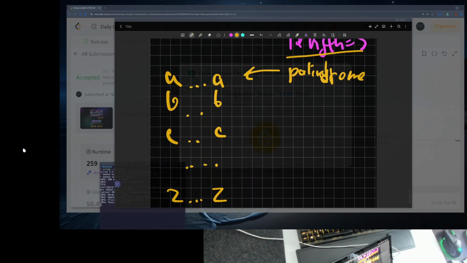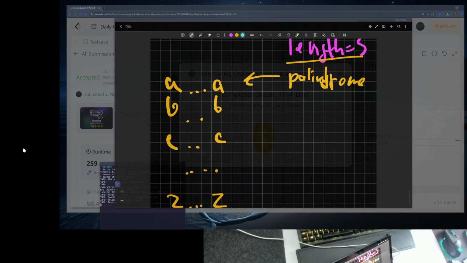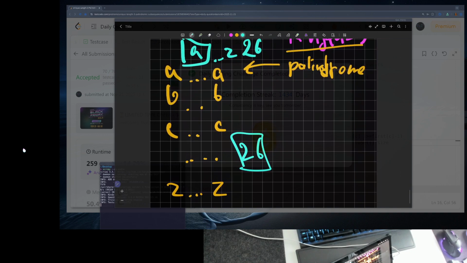And in the middle of the 26 possible endings, there are 26 possible middles. From A to Z, it's 26. So the total count of all possible palindromes is 26 by 26.